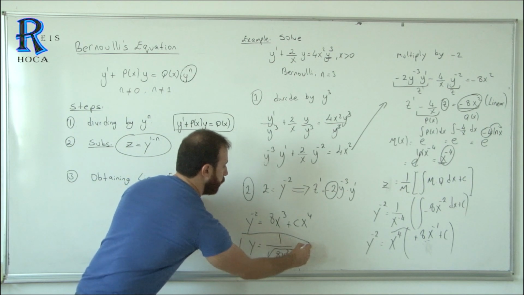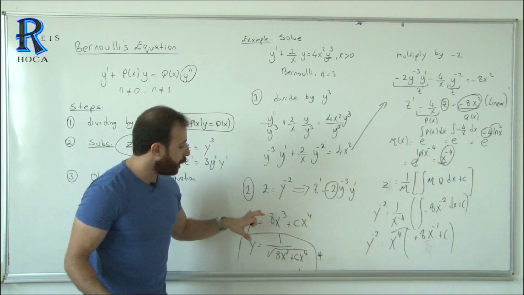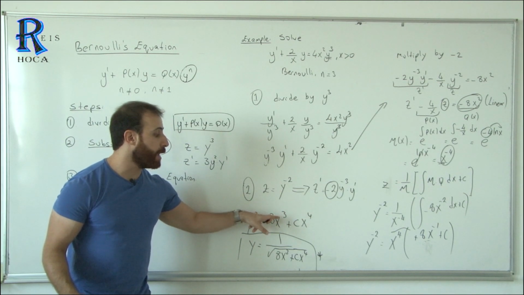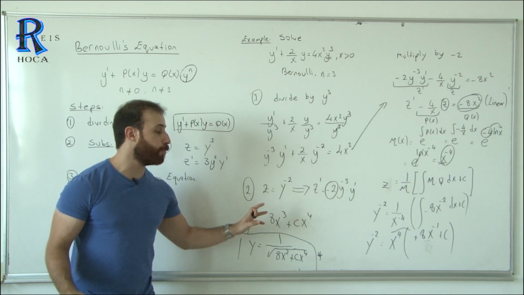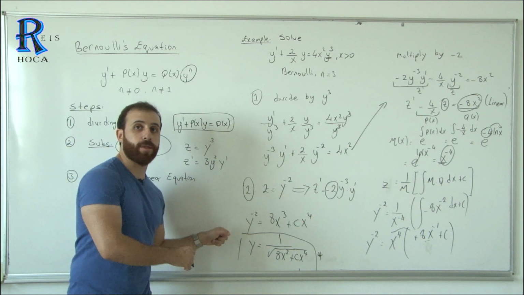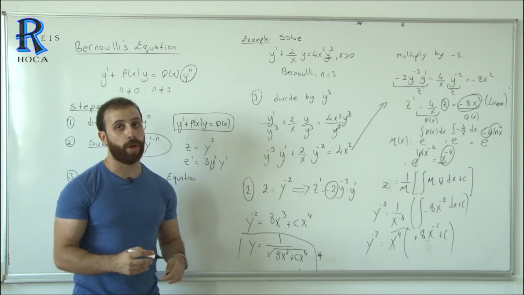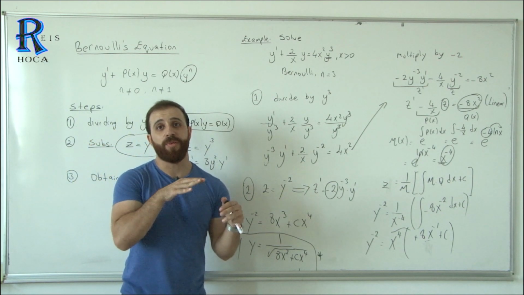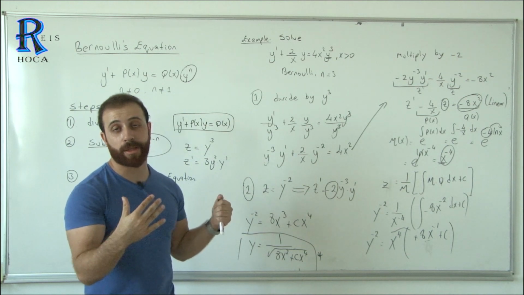If you reverse it, it will be 1 over 8 x cubed plus c x to the power of 4, equal to y squared. To remove the square, take the square root: y equals 1 over the square root of 8 x cubed plus c x to the power of 4, and you obtain the solution in the format y equals something. You can write it like that.